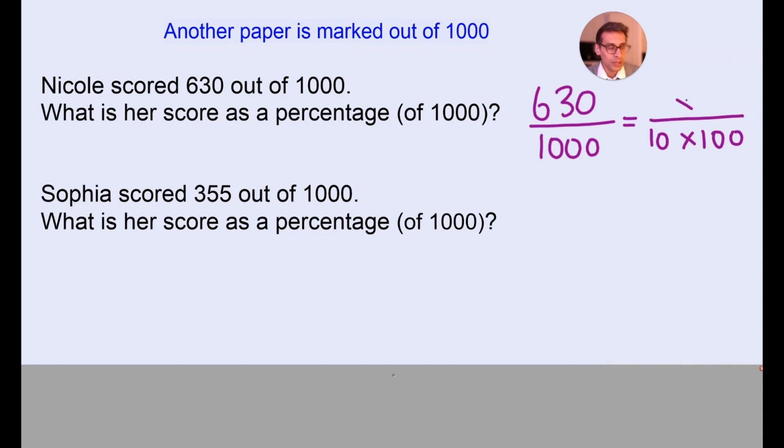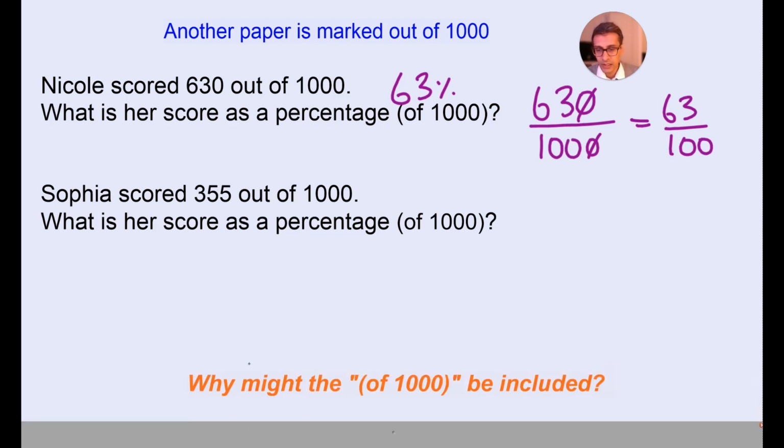Now, what do you multiply here? We're going to change this slightly. We're actually going to simplify this quite straightforwardly. We're just going to cancel the zeros, and you're going to get 63 over 100, which is 63%. So that was relatively straightforward to simplify.